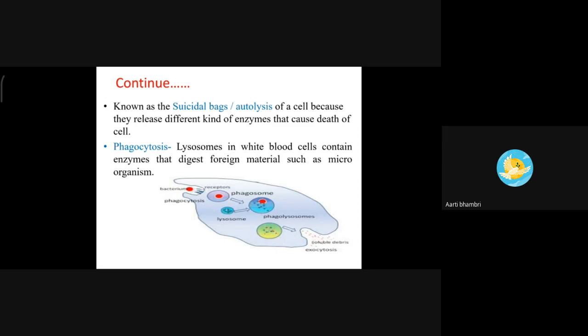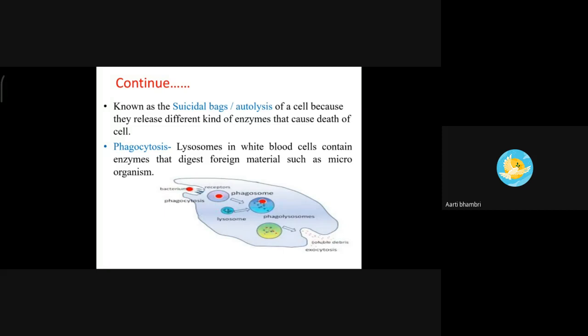And a process known as phagocytosis is done by lysosome. What is phagocytosis? Lysosomes in white blood cells contain enzymes that digest foreign material such as microorganisms. Just imagine, we all know that our white blood cells are part of our defense mechanism.